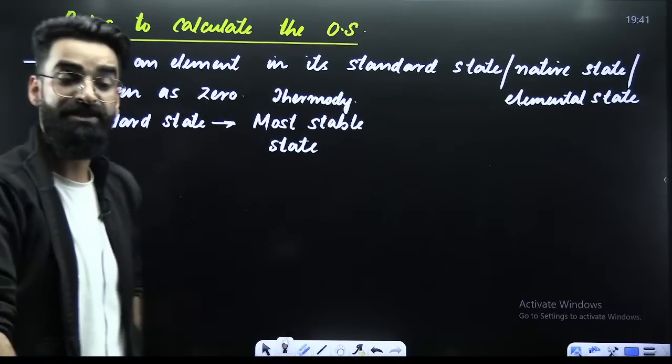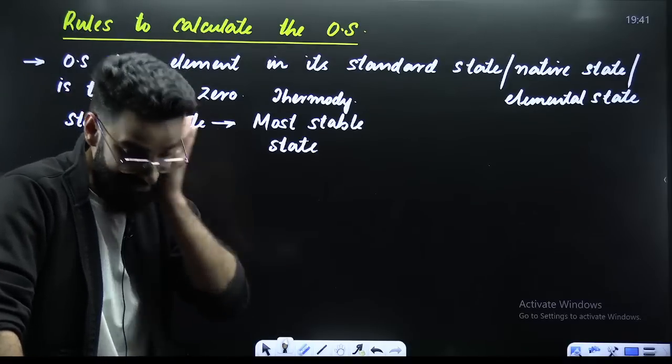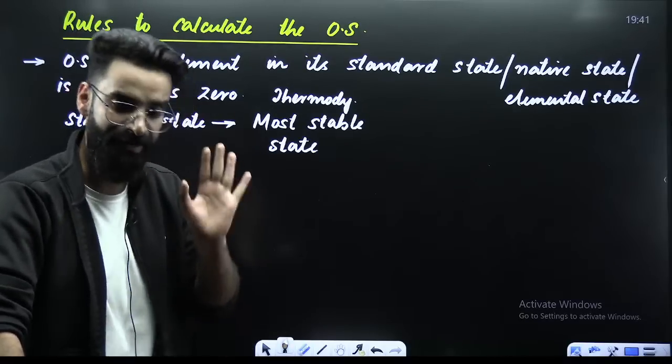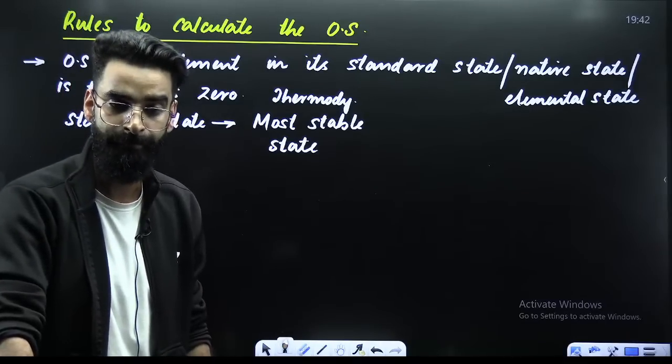That state of an element which is thermodynamically the most stable state of an element, that is something which you call as the standard state of an element. And whenever the element is present in its standard state, its oxidation state will be taken as zero.